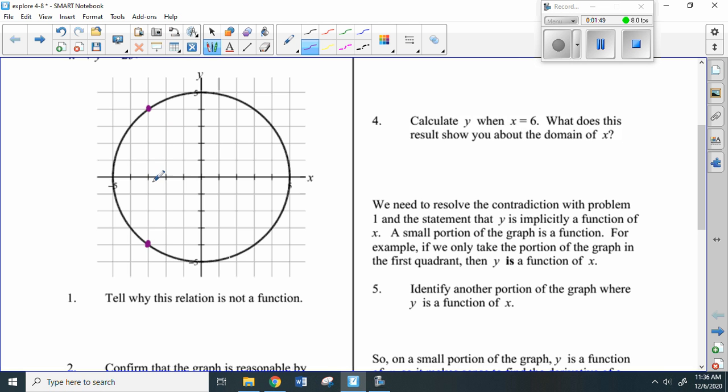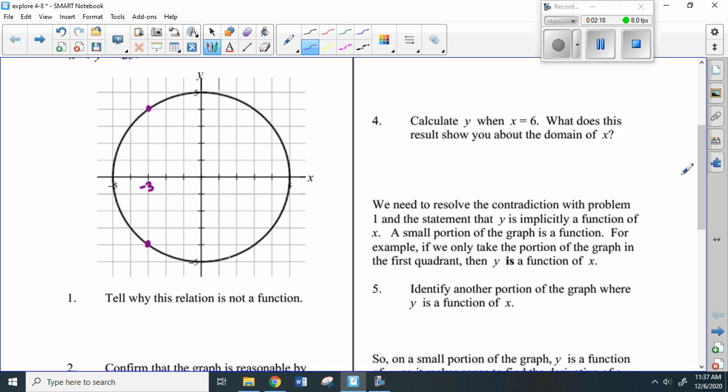What happens is they have the same x value, but they have 2 different y values. That actually would happen multiple times on here, but that's the main reason why this relation is not a function. It's because there is more than one y value for an x value.